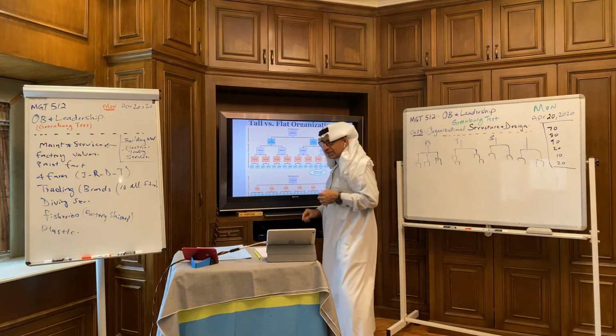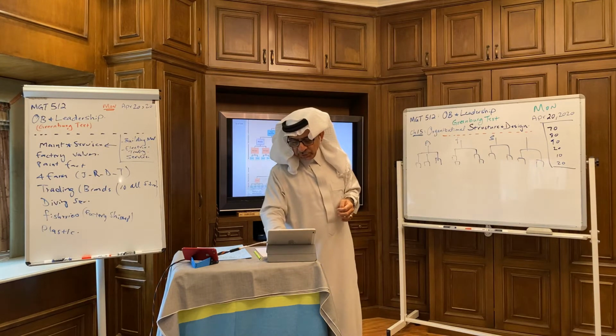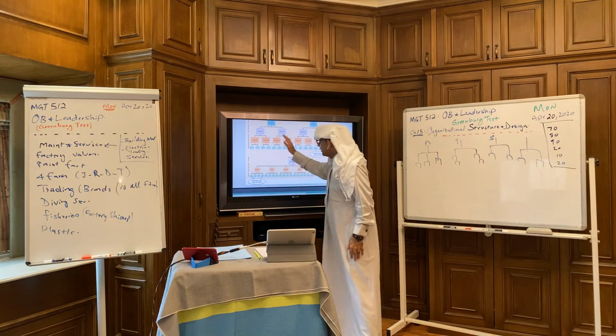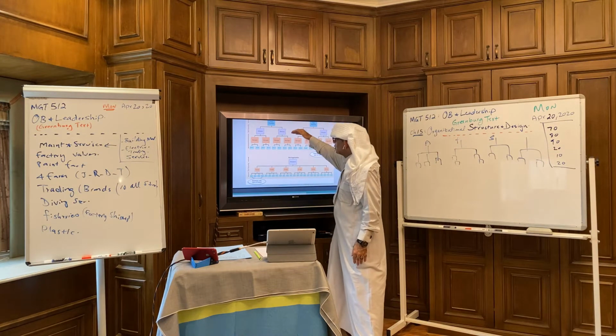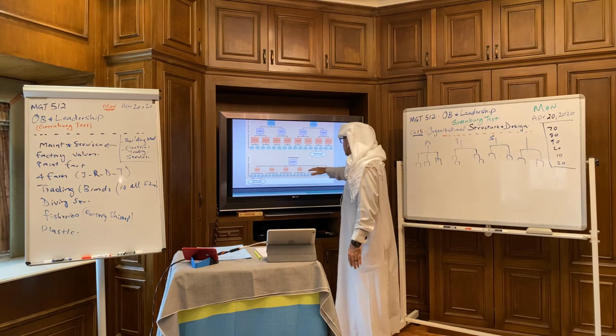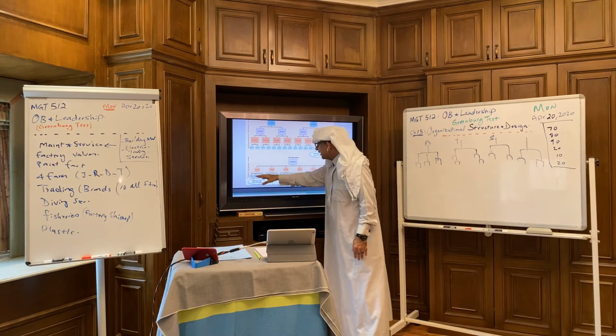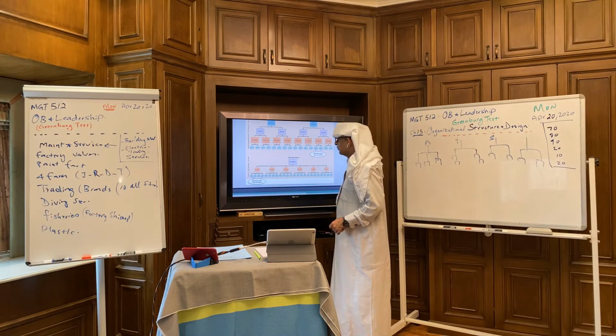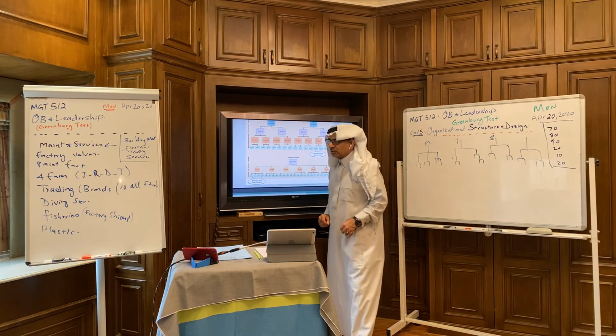In the flat organization, however, we have the president, and under him, rather than vice president and director, immediately managers, and under each manager he has a relatively wider span of control. This is what we call a flat organization.